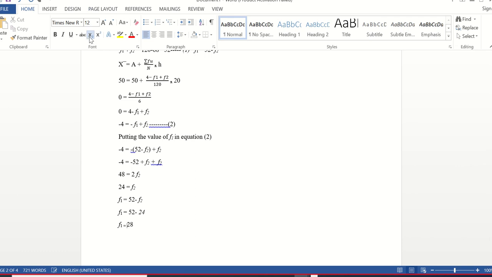So this is how we have calculated the values of f1 and f2, right? So f1 is 28 and f2 is 24.